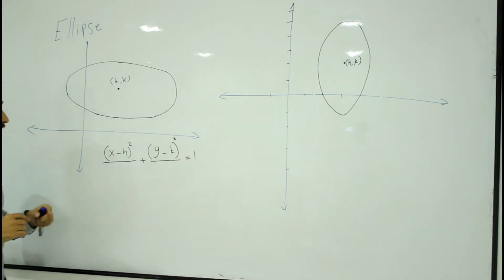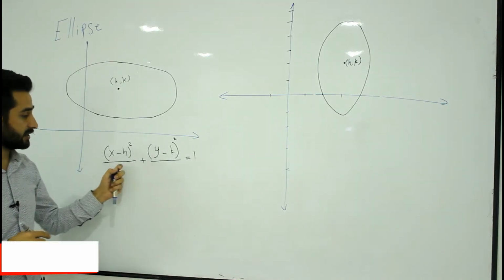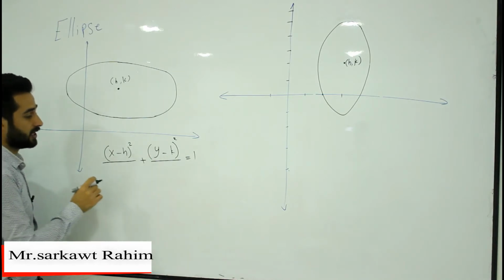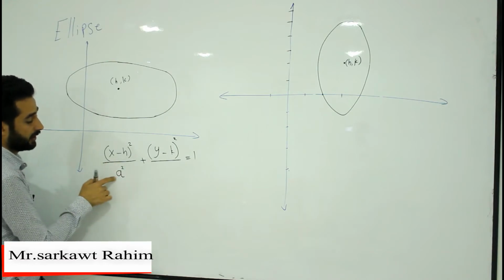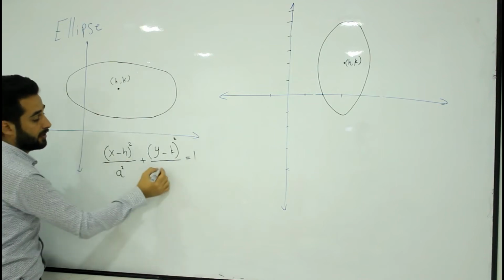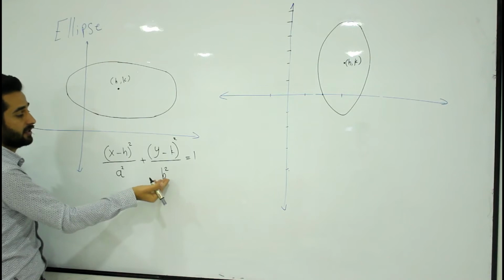Guys, here we have a and b, okay? Sometimes we have a here, sometimes we have a here. Which number is the greatest? We will write a squared under x, of course, to become horizontal, okay? And b, the smallest one, is under y.